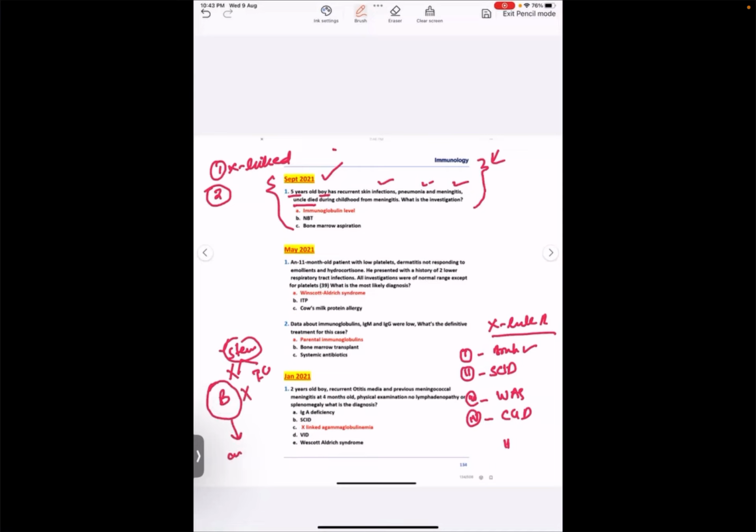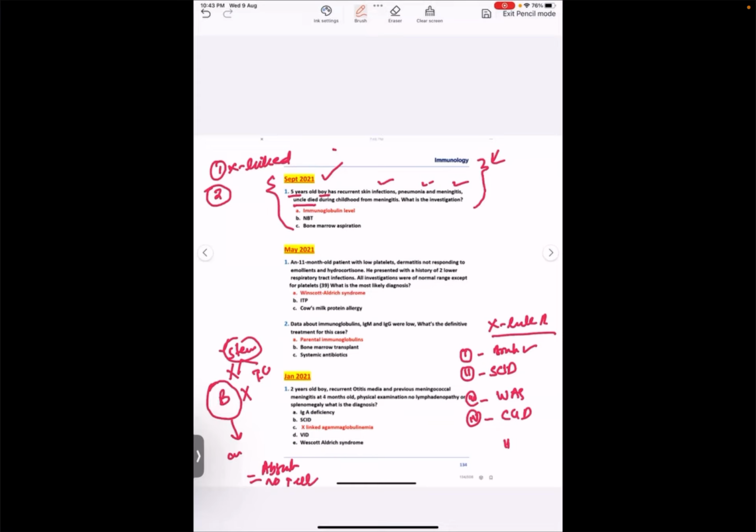So in the blood, you will not have B cells. There will be absent B cells and normal T cells, right? It may present after 6 months. Why? Because immunoglobulins from the mother are present in the infant up to 6 months. Any immune deficiency due to an antibody defect will present after 6 months.